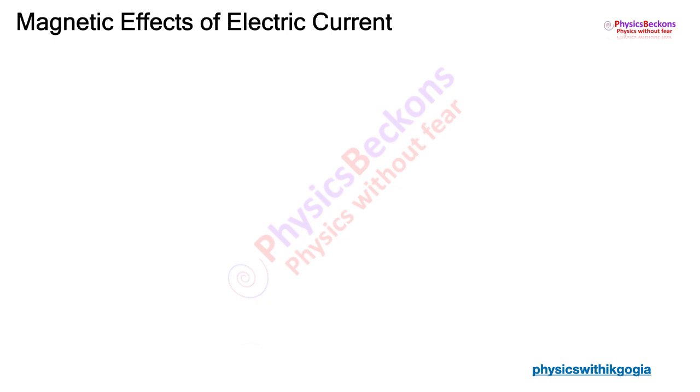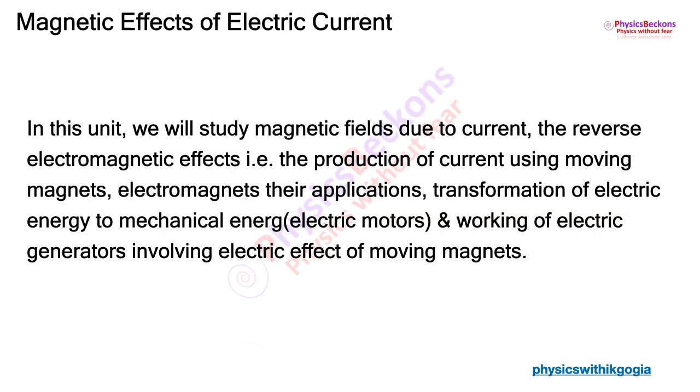In this unit, we will be studying both: the magnetic field due to current, and the reverse electromagnetic effect, that is, production of current using moving magnets, electromagnets, their applications, and transformation of electric energy to mechanical energy and vice versa. That is, we will study the electric generator, which involves the electric effect of moving magnets.